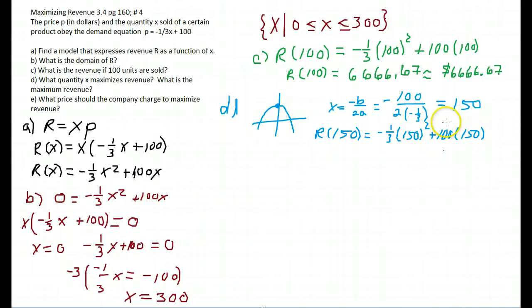Alright, when we simplify, we get R of 150 is equal to 7,500. So that means our maximum revenue would be $7,500.